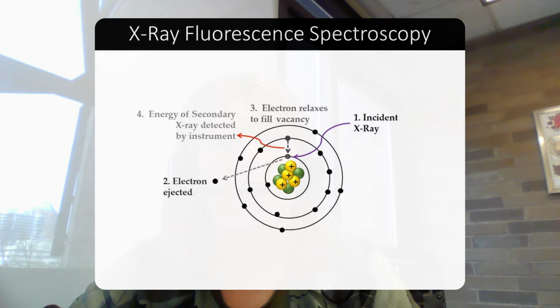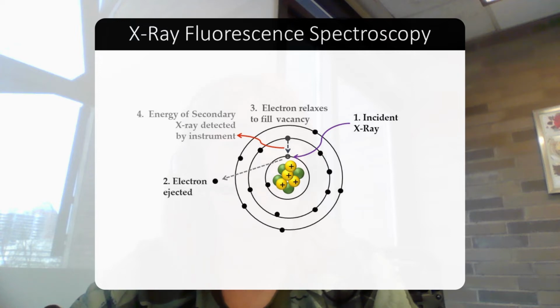An electron occupying a higher energy orbital relaxes to fill the vacancy left by the ejected electron. Because that second electron has more energy than needed to occupy the vacant orbital, the second electron must give off that excess energy to occupy the lower orbital.